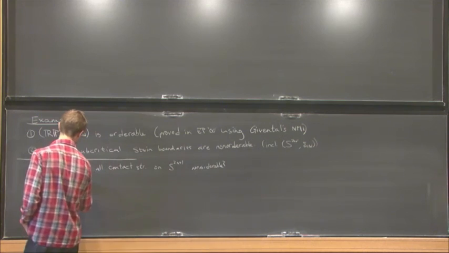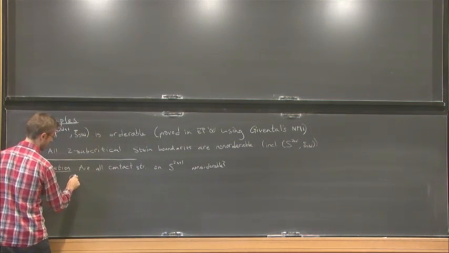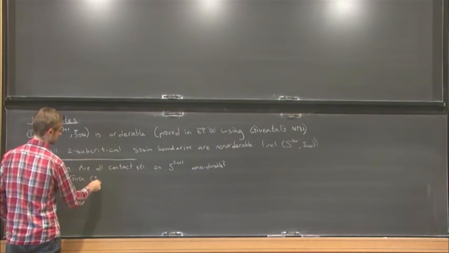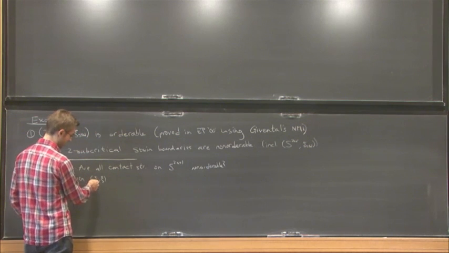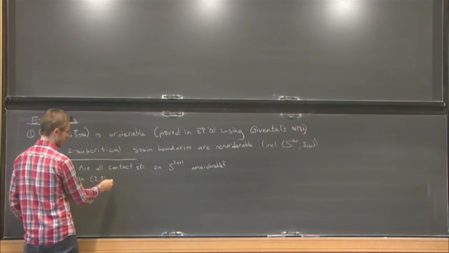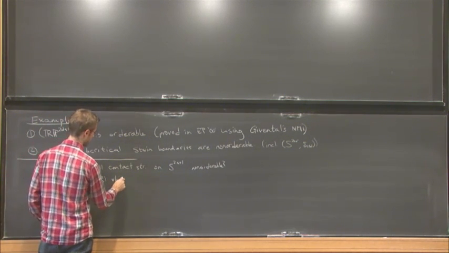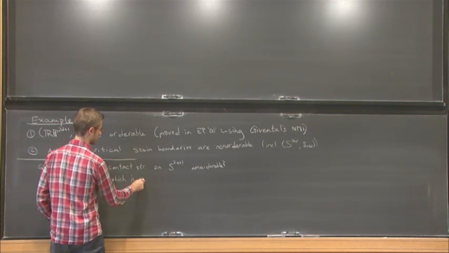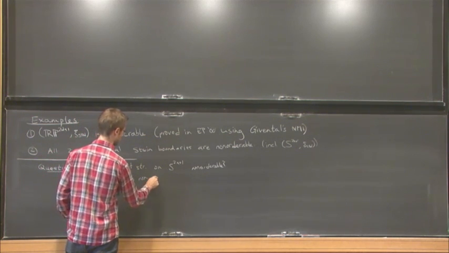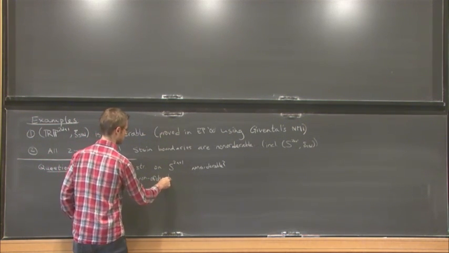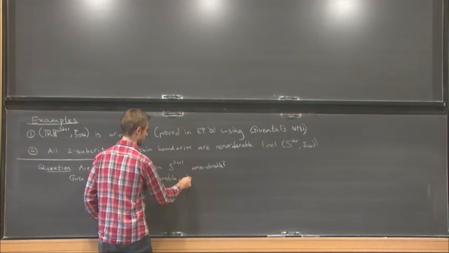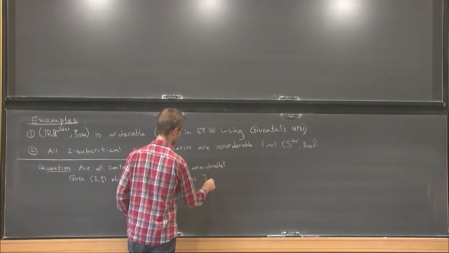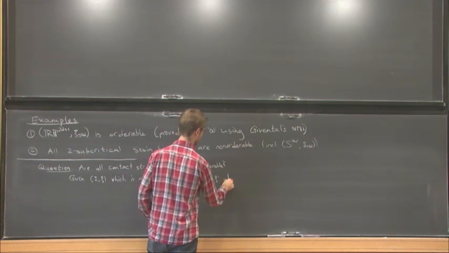And more generally, given a contact manifold sigma with a contact structure which is non-orderable, does there exist a sigma prime which is orderable?